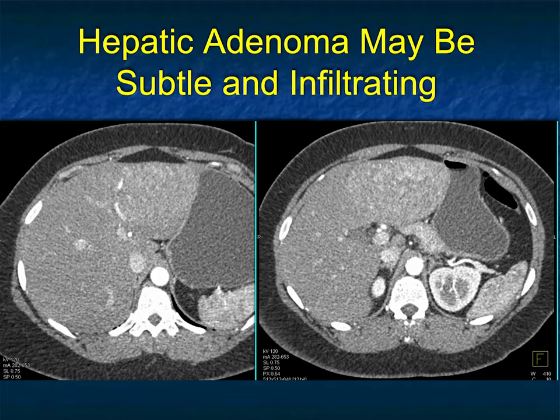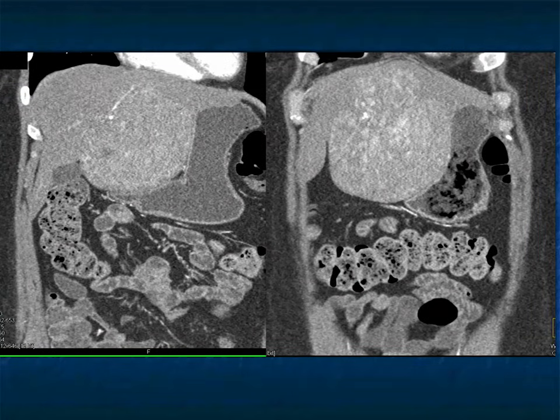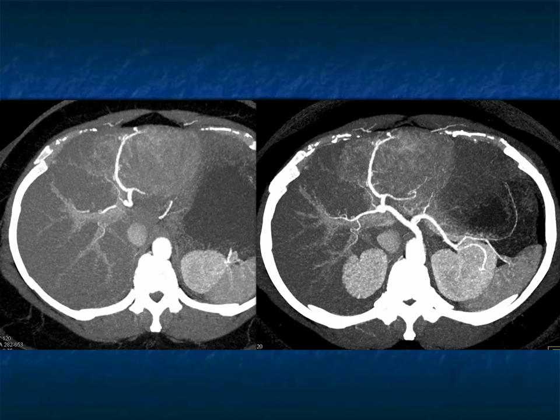Hepatic adenomas, like the last case, can be very well seen and very vascular, or they can be, in this case, where there's a mass in the left lobe of the liver. It's lobulated. You can kind of see it, but it's easy to walk by. On the coronal views, particularly the volume views, the pattern of enhancement, the increased vascularity, the mass effect is more obvious.